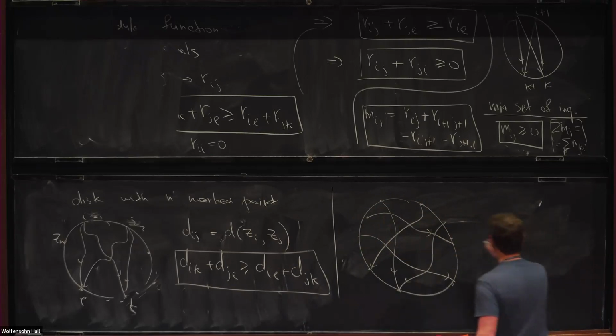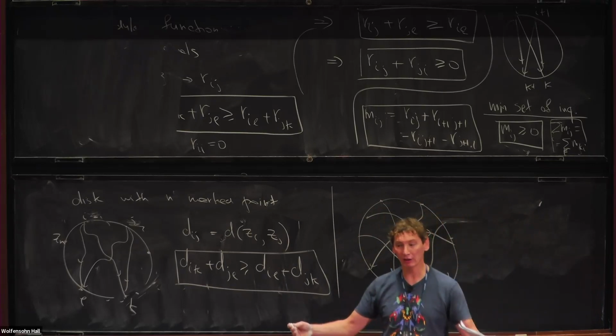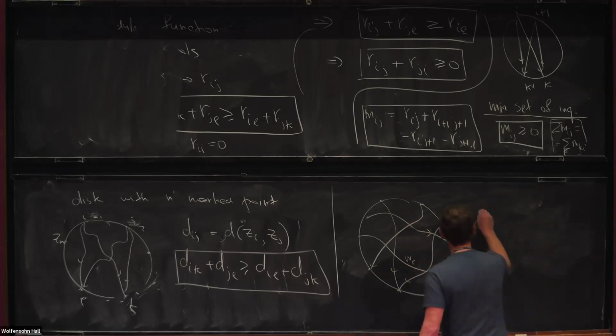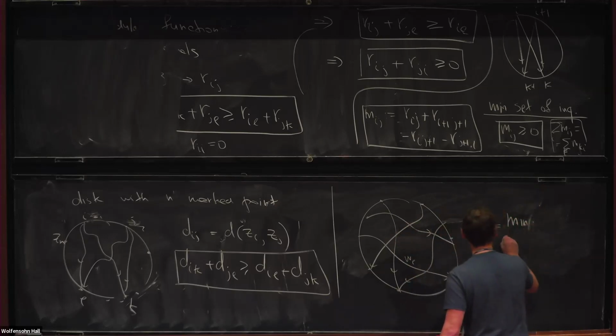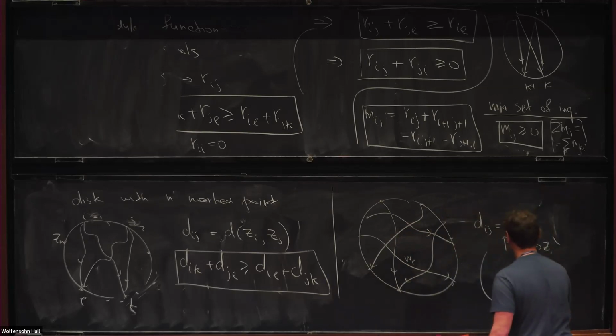Now there will be some edge weights on every edge. So we get a directed graph with edge weights, and what's the dij? dij is going to be the minimum over all paths P from zi to zj of the sum of all edge weights.